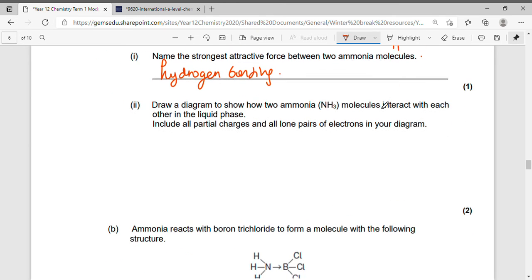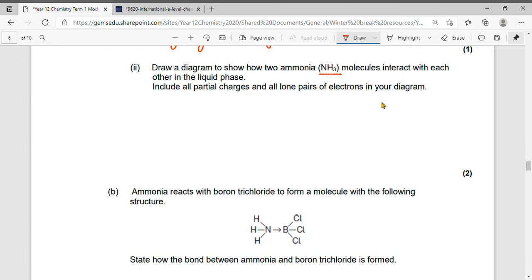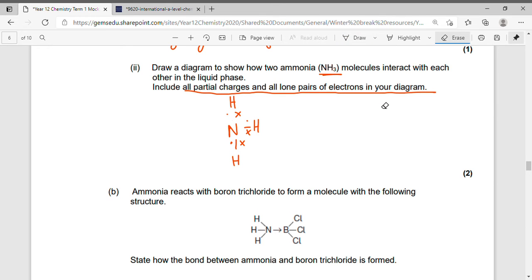Let's carry on. Draw a diagram to show how 2 ammonia molecules interact with each other in the liquid phase. Include all partial charges and all lone pairs of electrons in your diagram. Right. N, 3 H's. We have 2 H's for each. In fact, I can remove that middle line to avoid confusion. There we go.